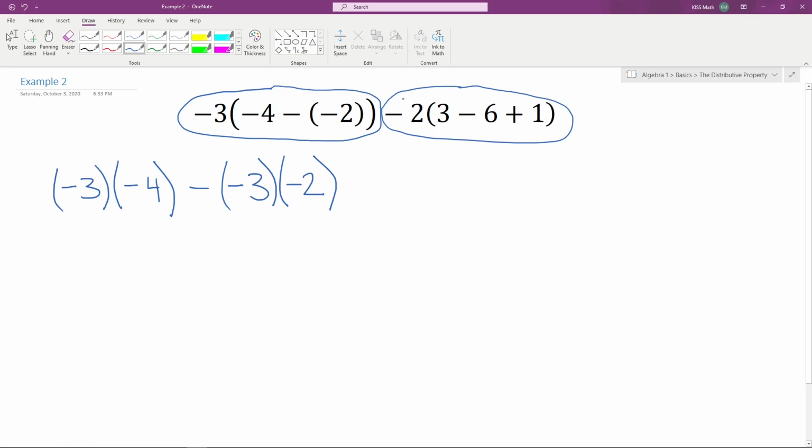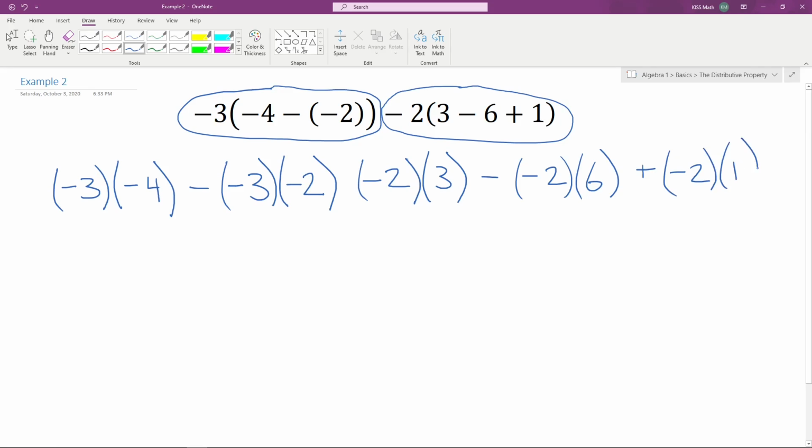And then we have this component. So again, we have to remember if we're going to distribute the -2 out here, that we distribute the sign that comes along with it. So we will have a -2 times 3, minus a -2 times 6, plus a -2 times 1.